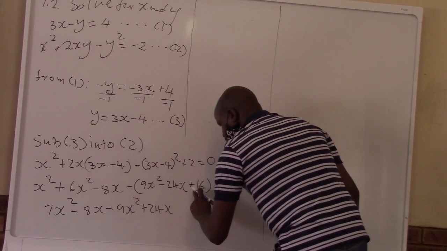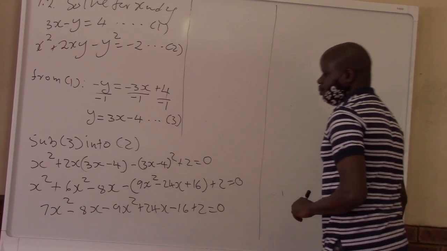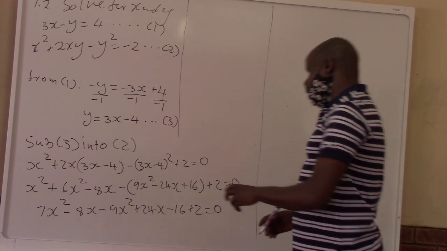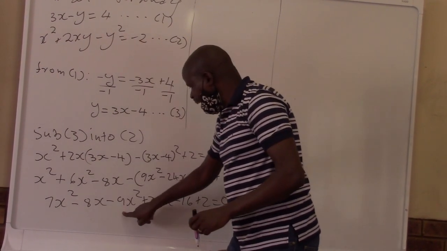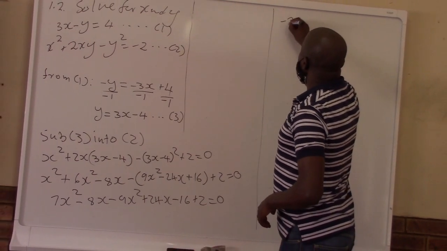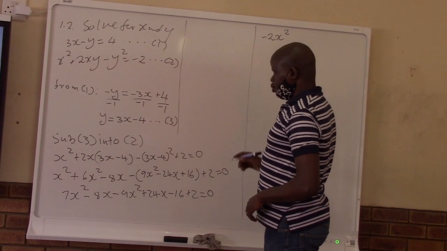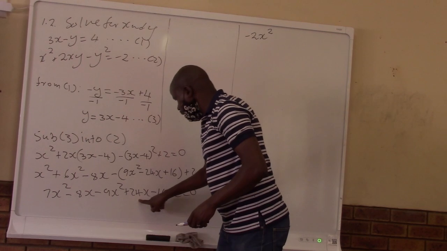And then negative times negative 4 is negative 16, plus 2, is equal to 0. Now we are finalizing our simplification, where we have 7x squared minus 9x squared. So we are having minus 2x squared.